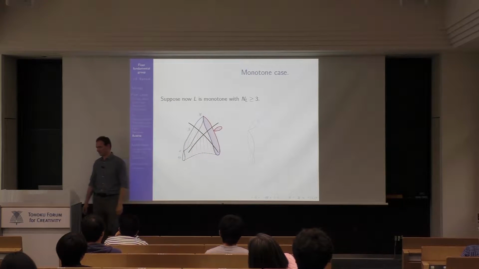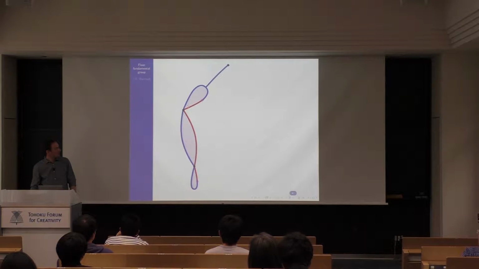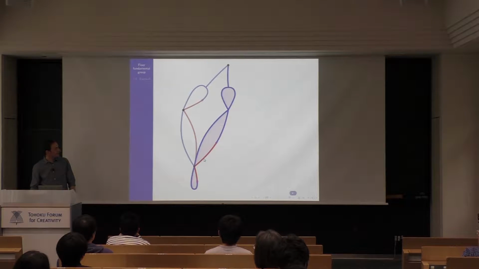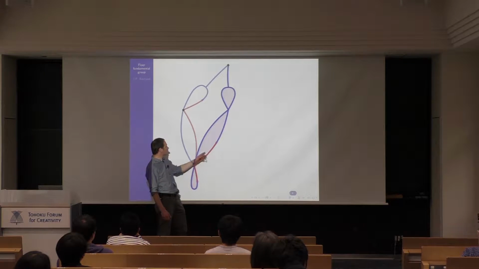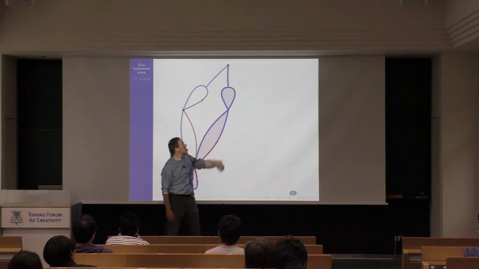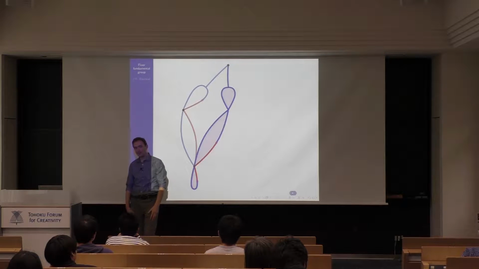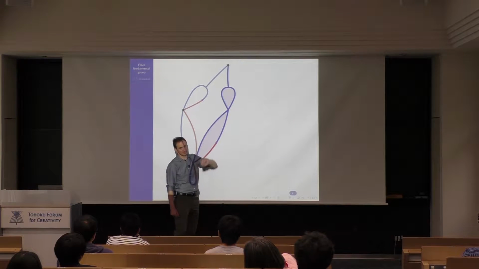But still, you can have inline bubbles, I don't know how you call them. So what can happen, we were considering these kinds of situations, and if I glue there, it can break like this. So you see, it's the same picture as before, but the difference is that it broke in the blue part. And the upper component here is in fact a disk with boundary on L0. So this was forbidden before, but now this can happen.